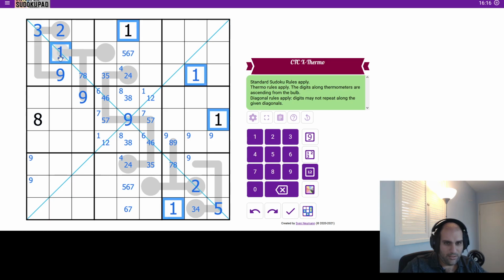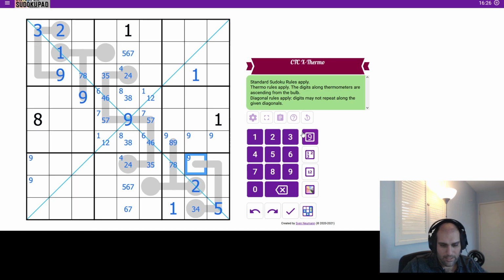Anything else blindingly obvious staring me in the face? 1 can't go in any of these, but oh, well, 9 had to go here now. So these are from 6, 7, and 8, making a triple.